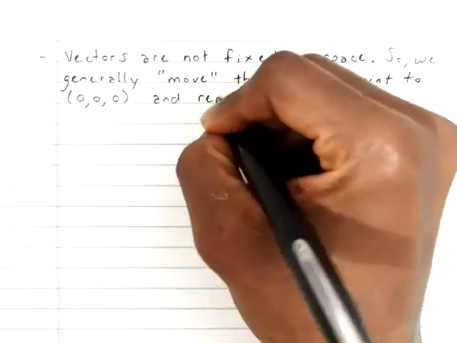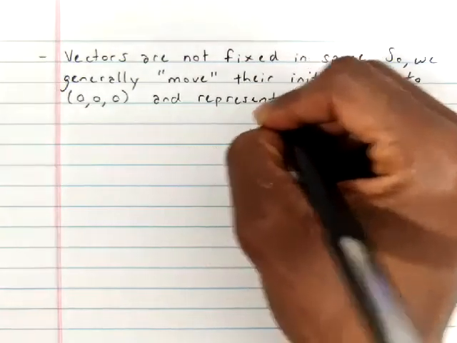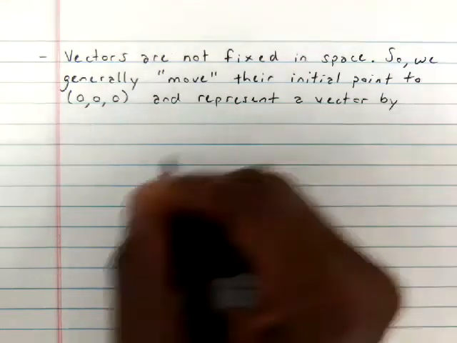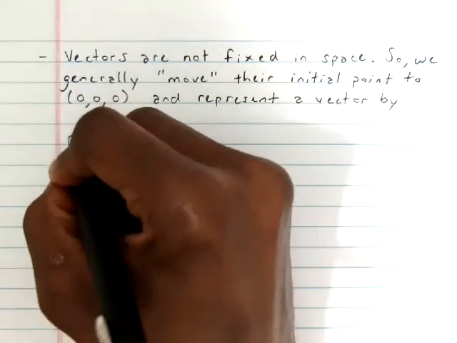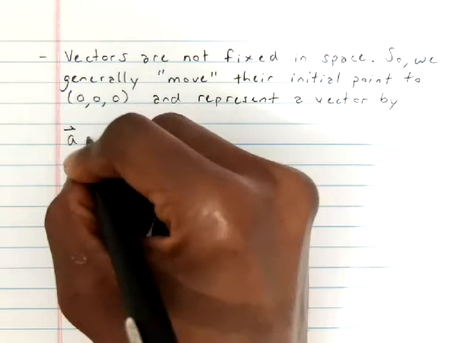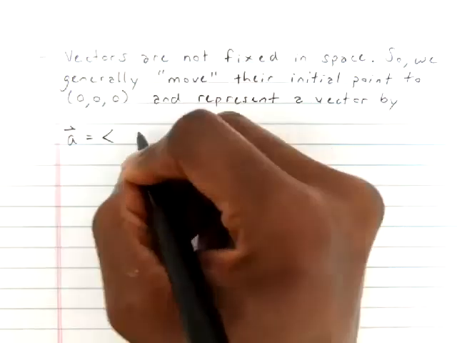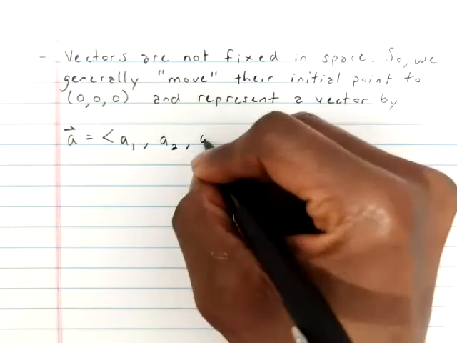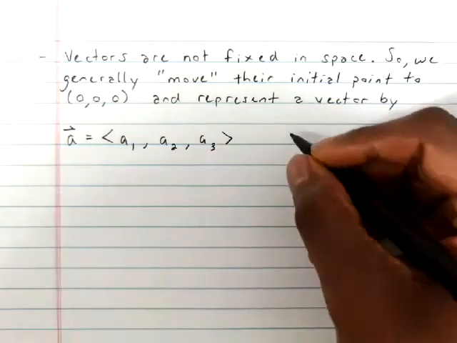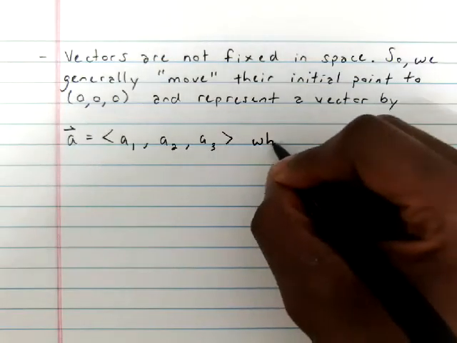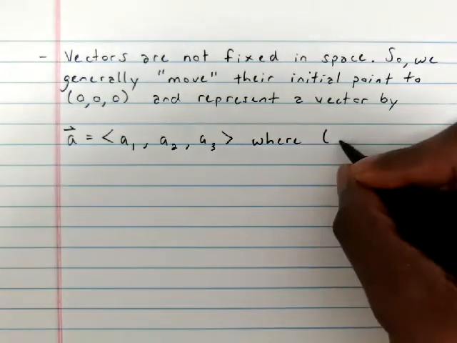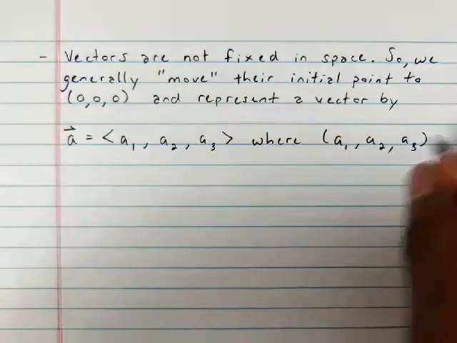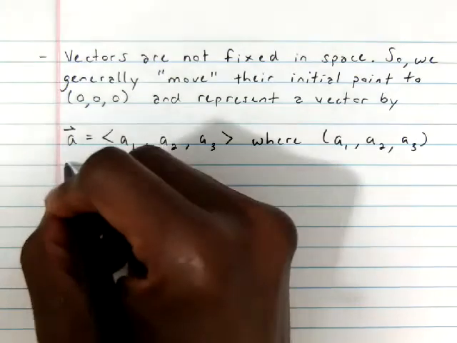And we represent a vector by a equals the vector a1, a2, a3, where the point a1, a2, a3 is the terminal point.